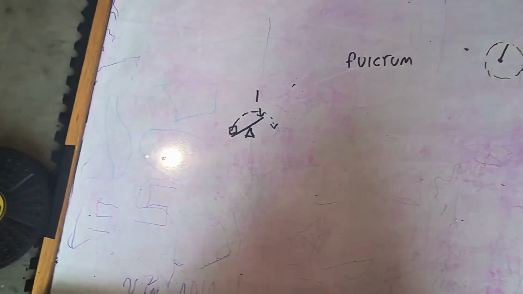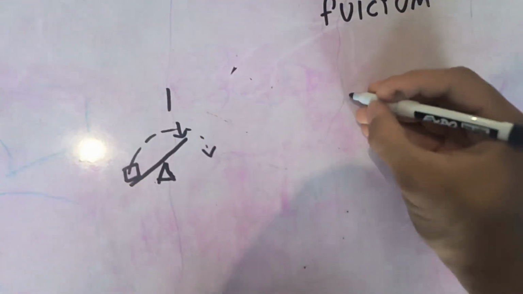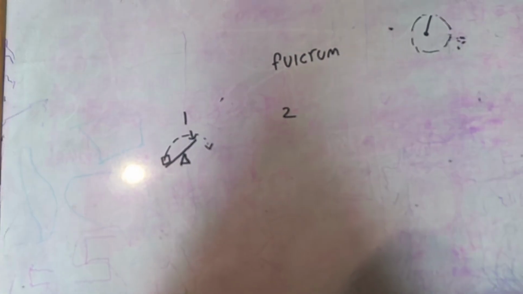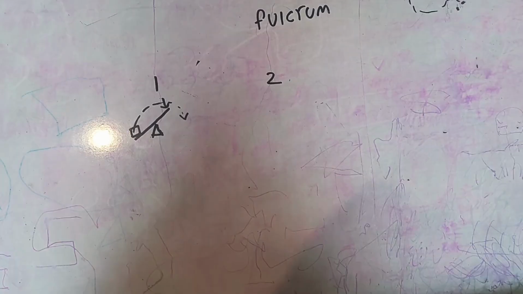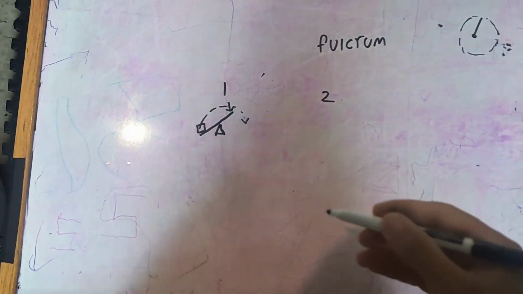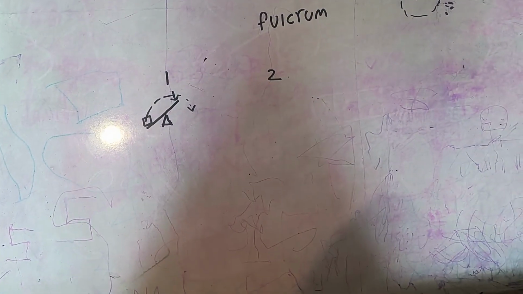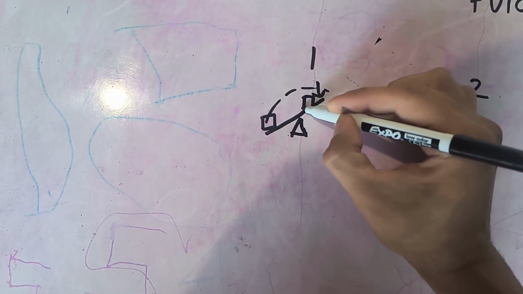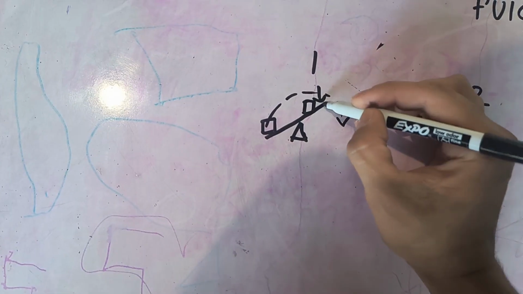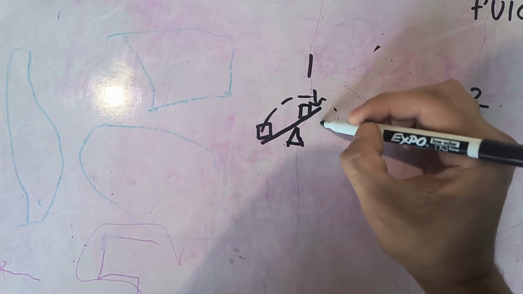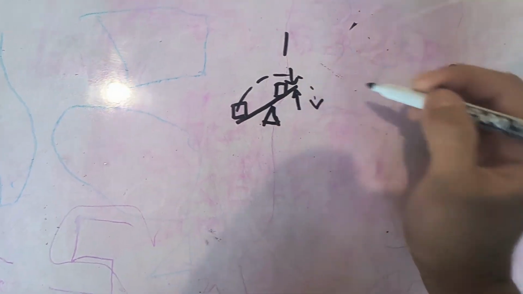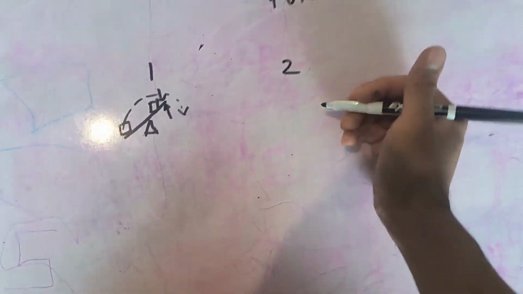Okay? A second class lever is where the load is between the fulcrum and the effort. An example would be the load being right here and the effort being right here, like maybe instead of pushing down, you're pushing up. Another example is a wheelbarrow.